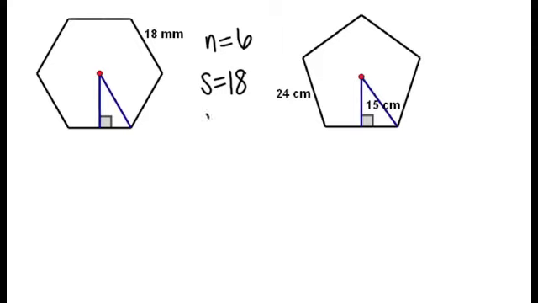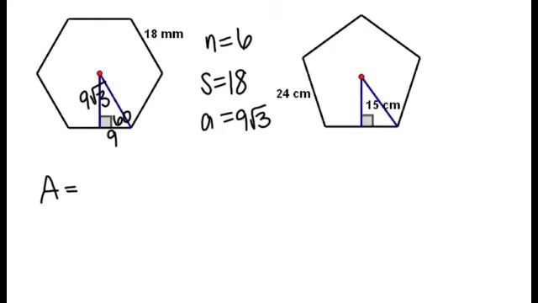Remembering our formula to find the interior angle of a hexagon, you're going to do 180 times N minus 2 divided by N to find out that it's 120 degrees. So the base angle is 60. We have a 30, 60, 90 right triangle. So the apothem is 9 radical 3.